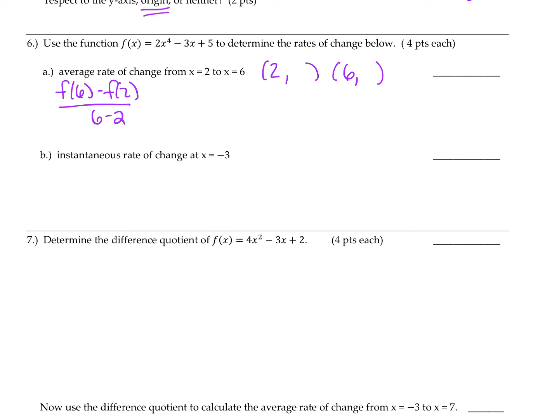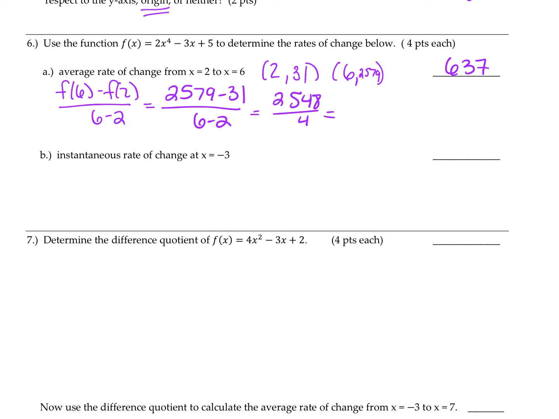If I substitute in 2, I would get 31, and if I substitute in 6, I would get 2,579. So now I'm going to have 2,579 minus 31 all over 6 minus 2. So 2,548 over 4, which will give me 637 as my average rate of change.